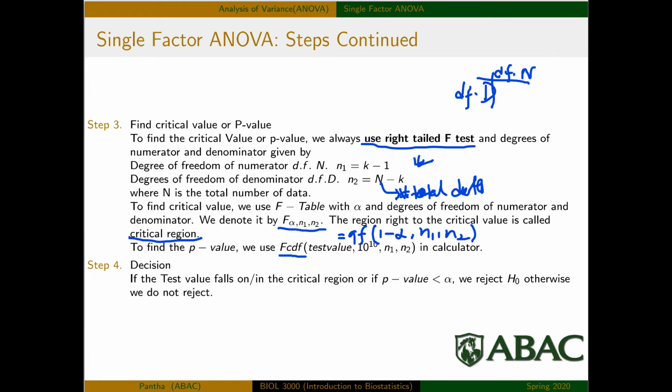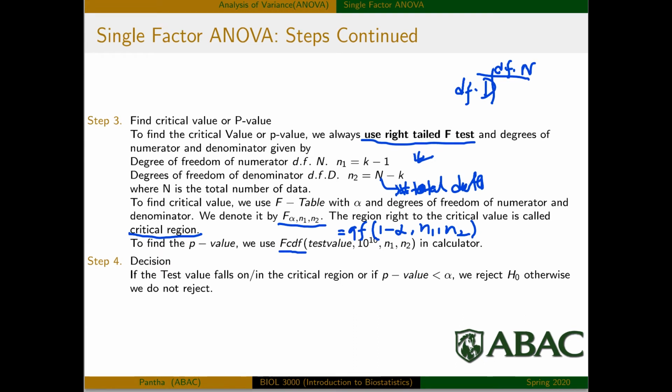And then to find the p-value, similarly, if you want to use R, because it is the right area, you take the area right of the test value. So you do 1 minus PF of the test value, and then n1 and then n2.